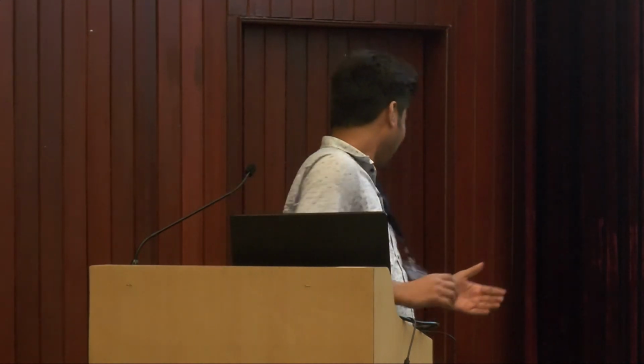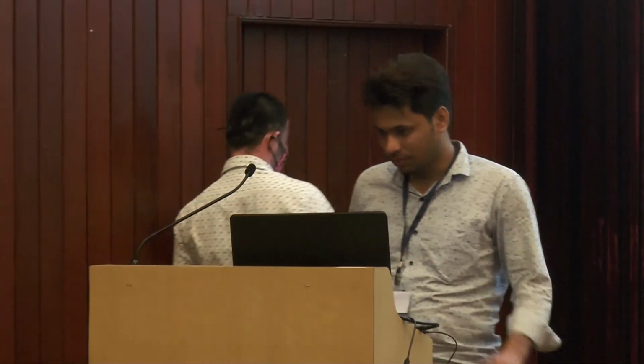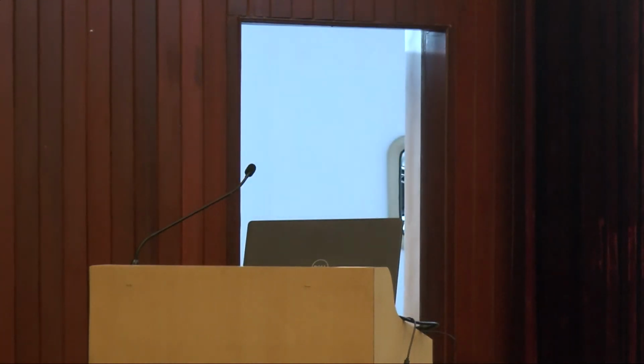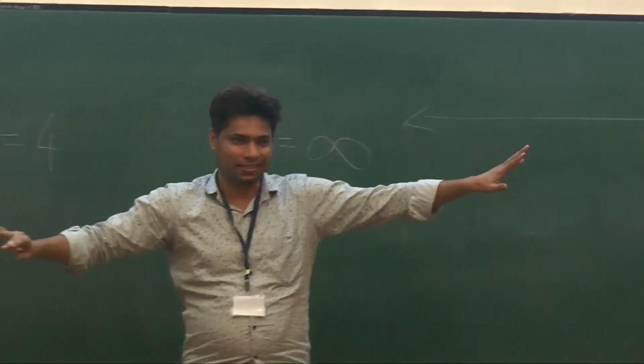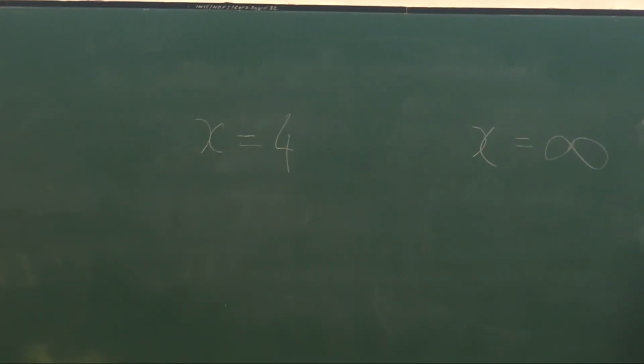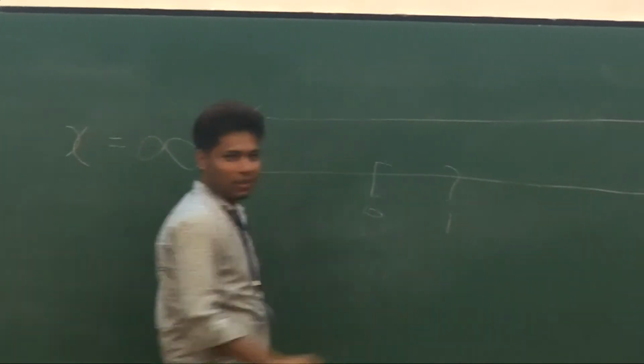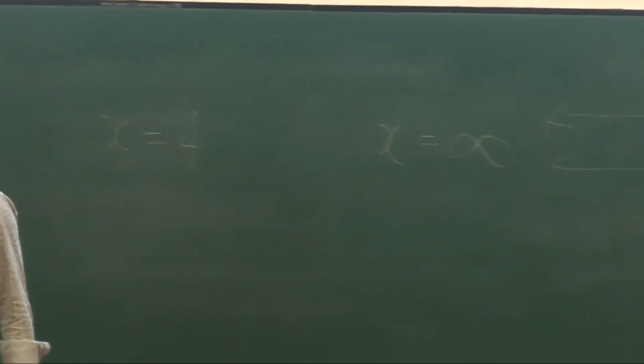It's very surprising that a number line which is infinitely extended on both sides, and even the interval 0, 1, have the same cardinality.